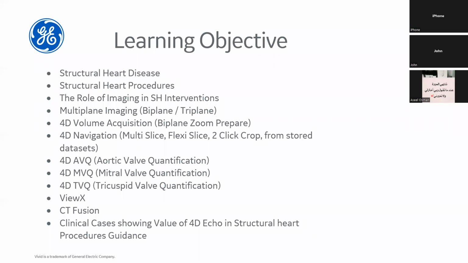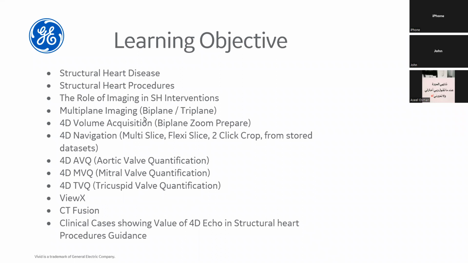We'll talk about the role of different imaging modalities. We'll talk about the 4D tools that are helpful in the visualization, navigation, and quantification also when it comes to guidance and assessment, pre-assessment guidance, and of course post-procedural assessment as well.